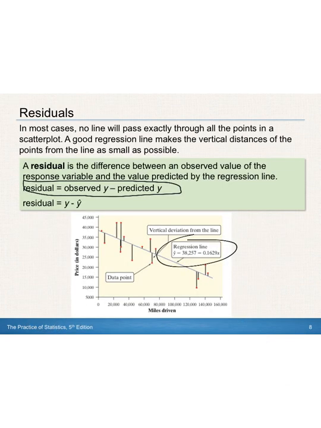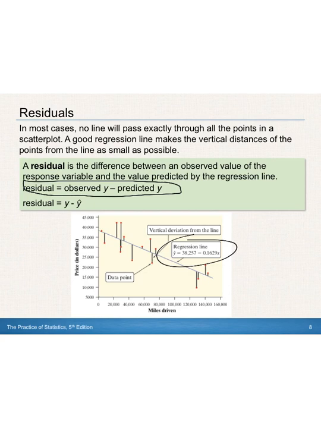When we as statisticians create a regression line, the goal is to make the distance from the data points to the line as small as possible. The best regression lines are the least squares regression lines, so the sum of the squares of the residuals is as small as possible.